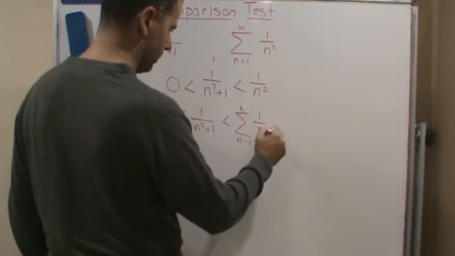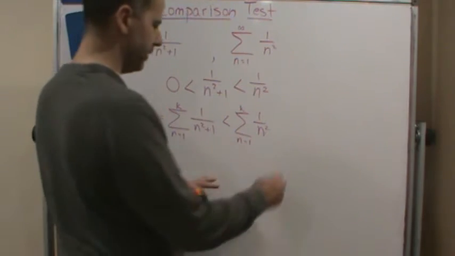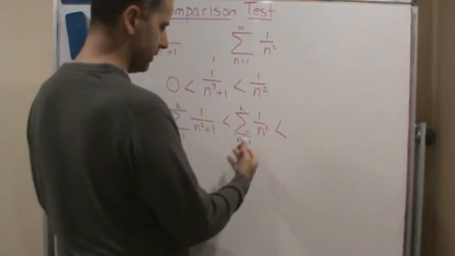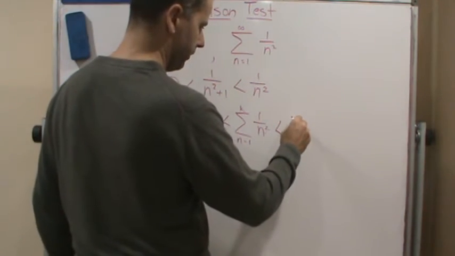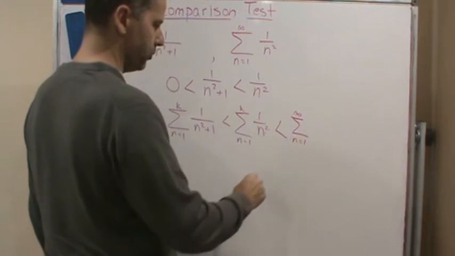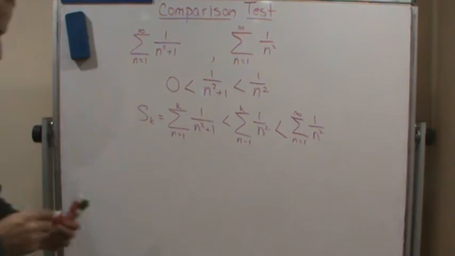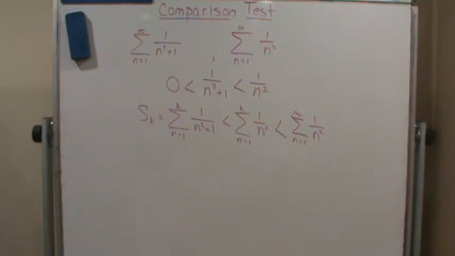And then, of course, this is going to be less than the infinite series, n equals 1 to infinity of 1 over n squared. Now, if we look at this chain of inequalities, what do we notice?